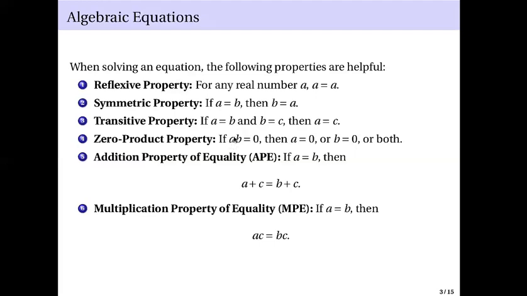So if the product AB is equal to 0, then at least one of them is equal to 0. Take note, this is a property of the zero product.